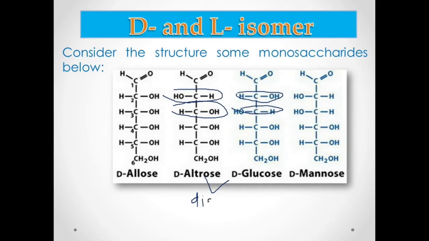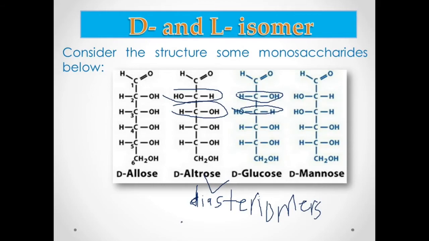D-I-A-S-T-E-R-E-O-M-E-R-S. Diastereomers. They are called diastereomers if these two isomers differ in 2 or more chiral carbons. So therefore, they are called diastereomers.